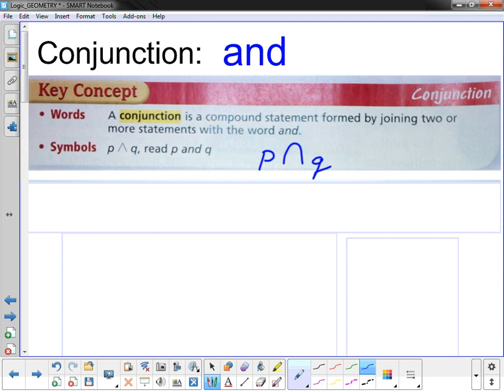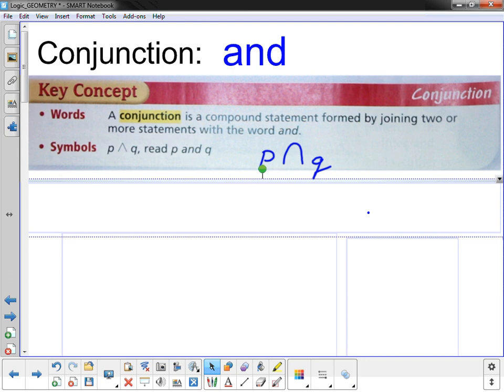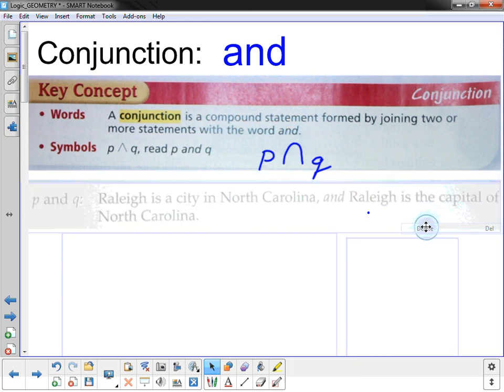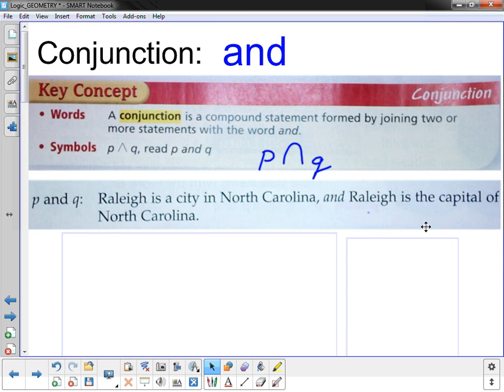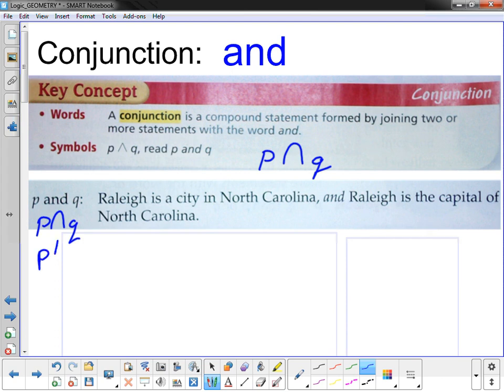So for our particular statement, I can write P and Q, or P with the U shape, Q, or P with the cap, Q. Any one of these three could have been used to say Raleigh is a city in North Carolina and the capital.